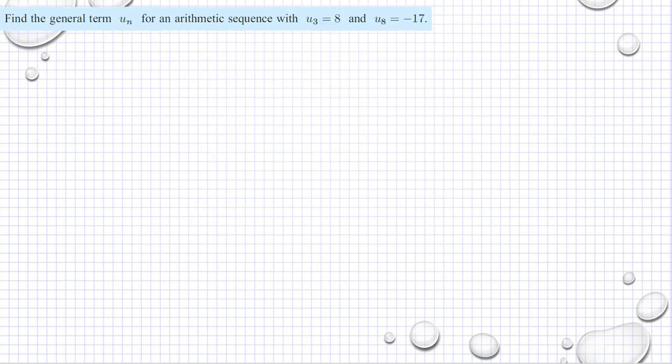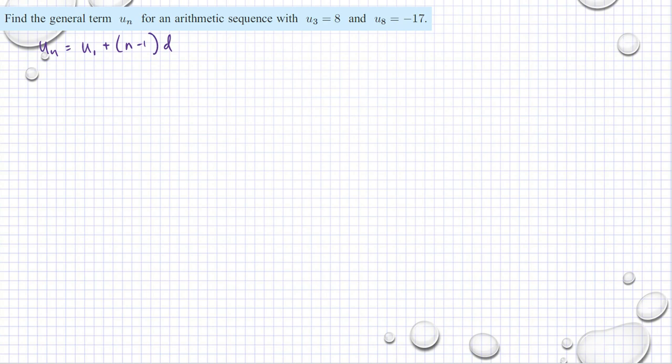Another example, find the general term u sub n for an arithmetic sequence with u sub 3 is equal to 8 and u sub 8 is equal to negative 17. Okay, and for u sub n, that is always u sub 1 plus n minus 1 times d.